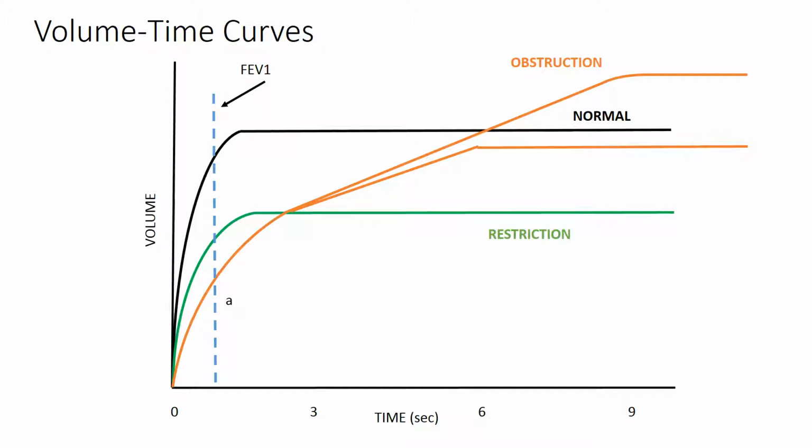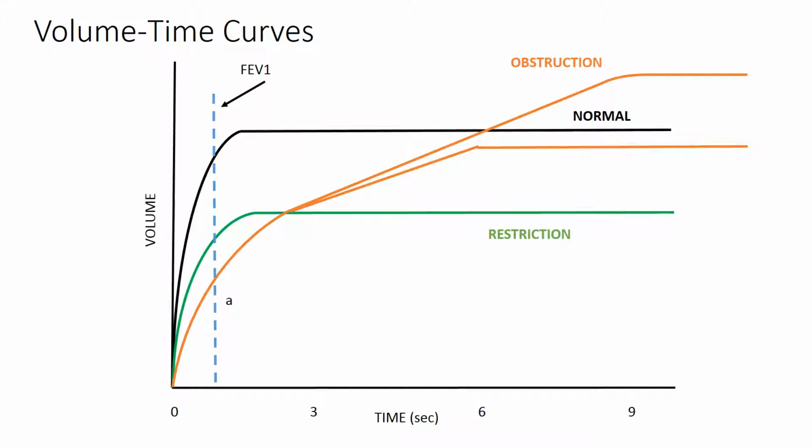In spirometry, we can depict what the patient is doing by volume time curves. This is sort of a busy graphic, but I'll walk you through it. In a normal patient, as depicted in the black line, the patient exhales forcefully at time 0 and exhales as much as they can until they reach a plateau.